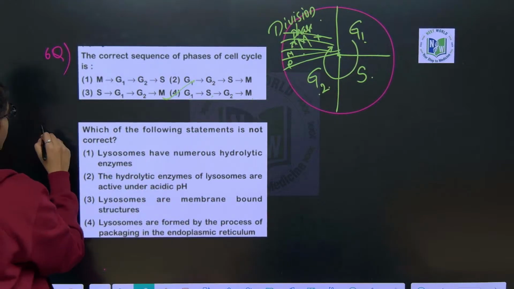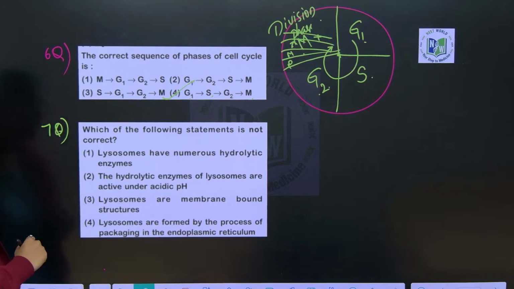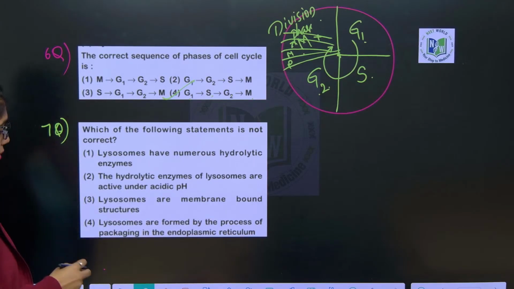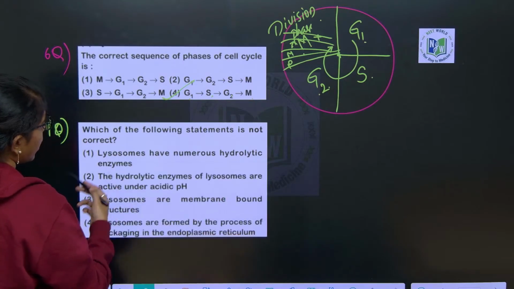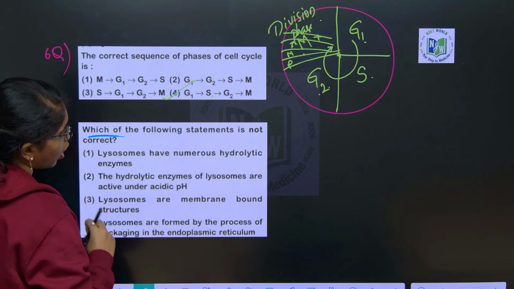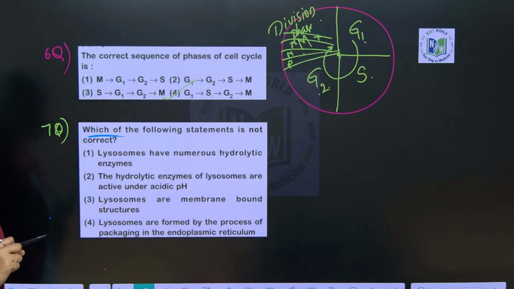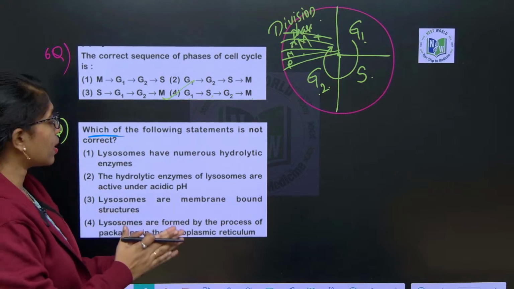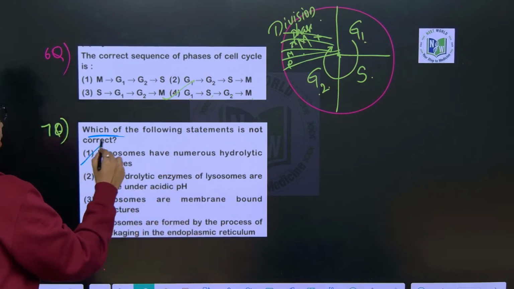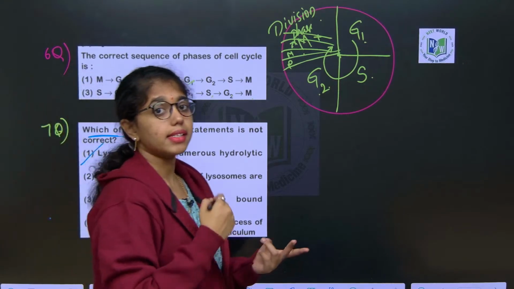Next question, the question is from Cell the Unit of Life, where an organelle based question is asked. If you clearly see, which of the following statements is not correct, he is saying with respect to lysosomes. We all know lysosomes have numerous hydrolytic enzymes, correct, like lipases, proteases, carbohydrases.